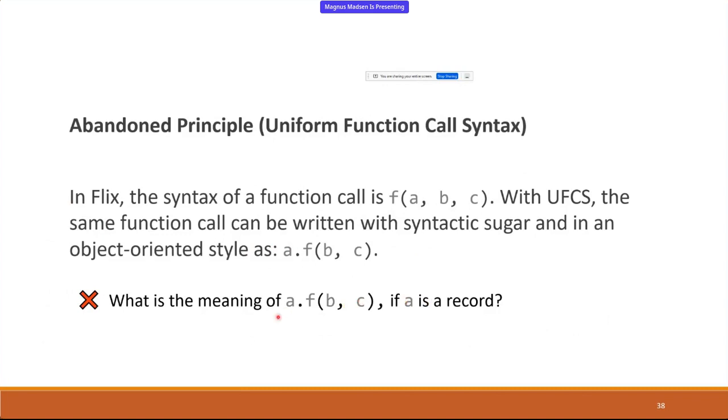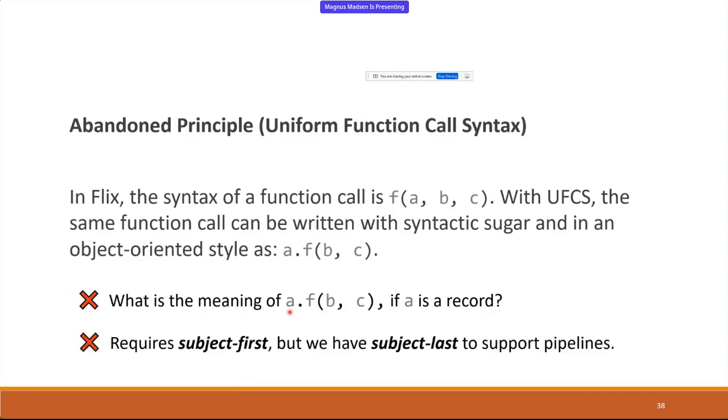And so we discovered at some point, well, does this mean that I have a record A and I access field F? Or does it mean I'm calling F, passing in A that just happens to be a record? It's ambiguous. And second, this actually really only works if your functions are subject first, but our functions are subject last to support pipelines. So we had to abandon this principle.